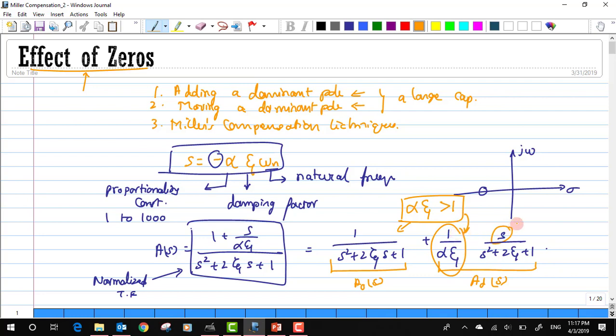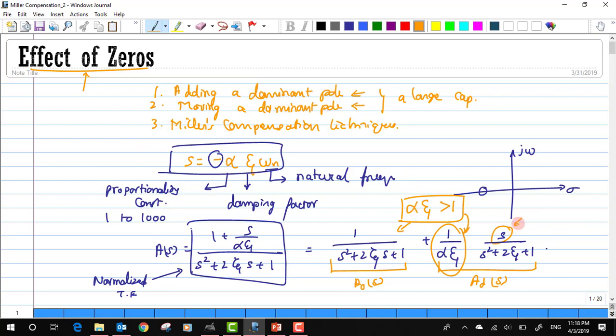Now let us come back to the second term, which is the S term in the numerator. This S term has a significance in the inverse Laplace transform. Do you remember the significance of S when an inverse Laplace transform is taken? Hope you know the answer, but still I will reveal it to continue our discussion.